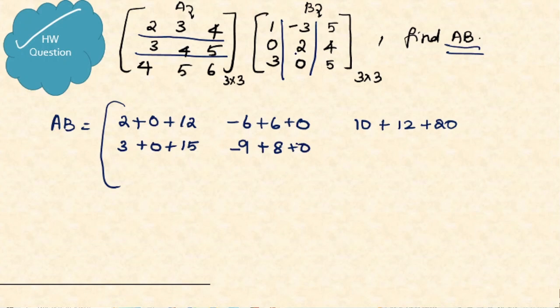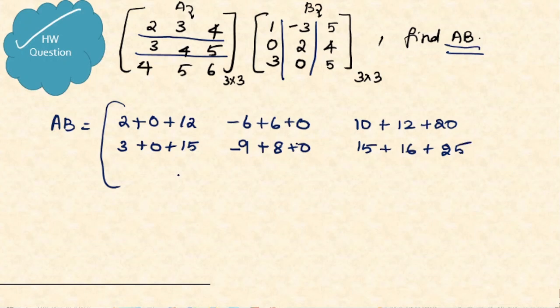Then second row, third column: 3 fives are 15, then 4 fours are 16, then 5 fives are 25.